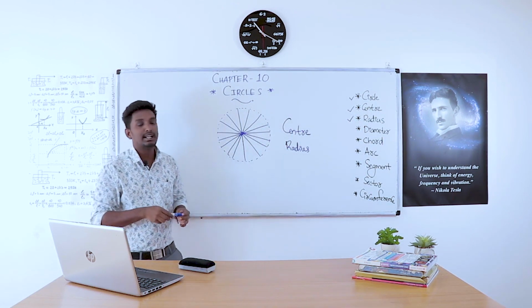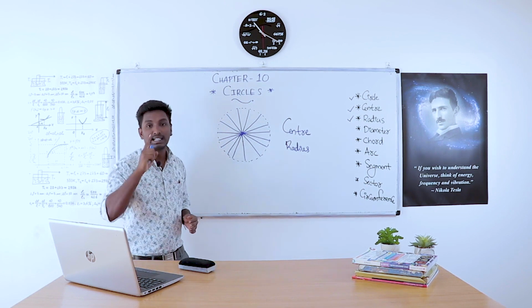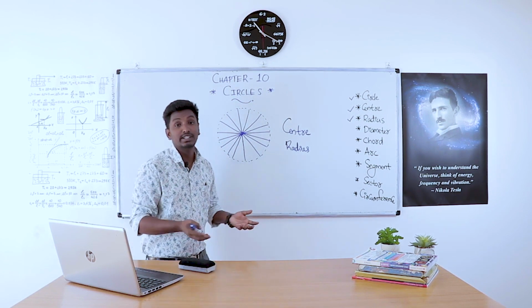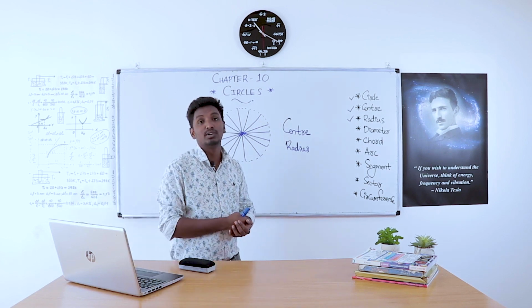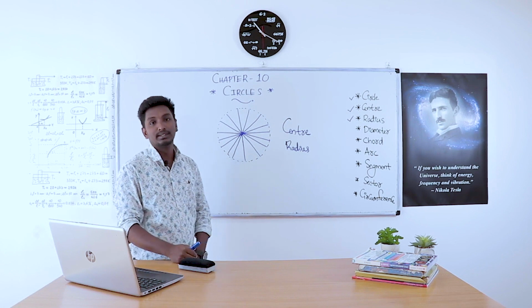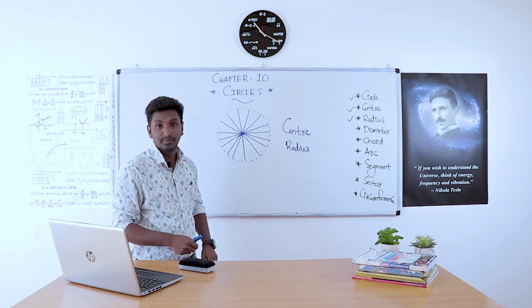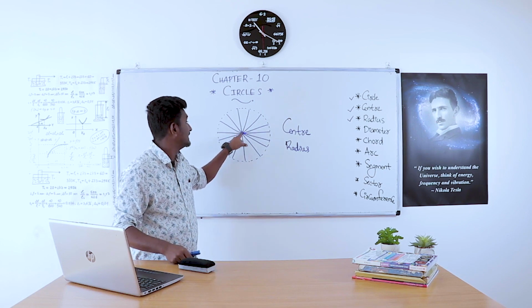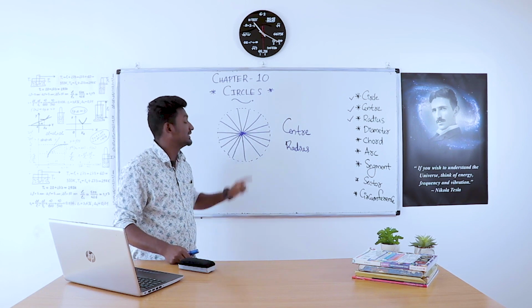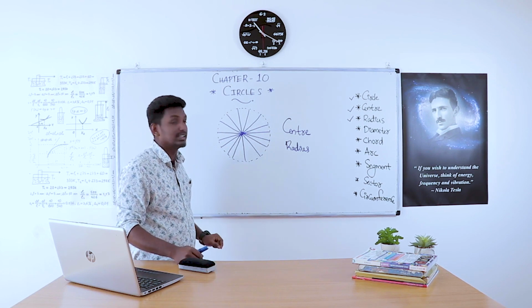These three things can be explained in one stretch: a circle is a collection of a large number of points which are at a fixed distance from a fixed point, and that fixed point is called the center of the circle. The fixed distance from the center to the circle is the radius of the circle.